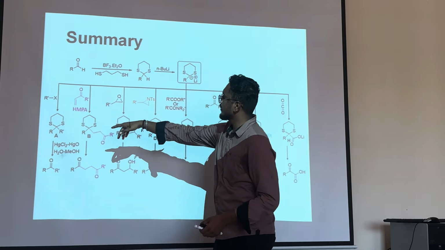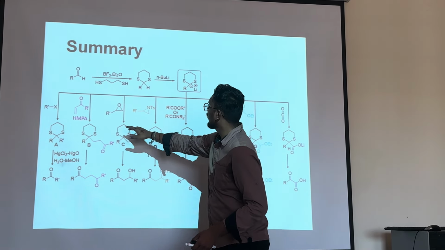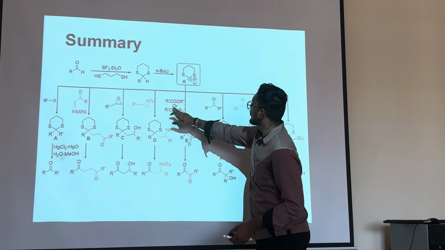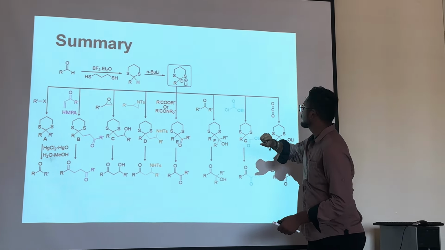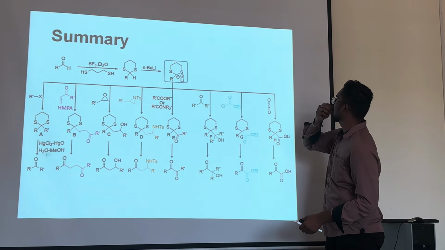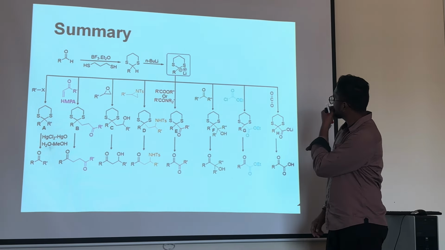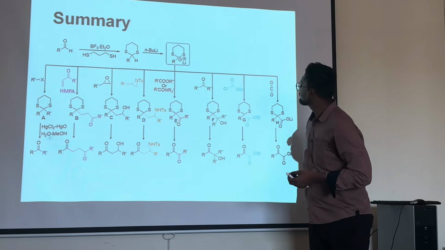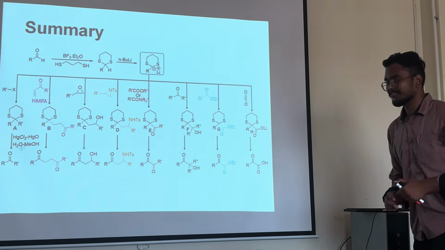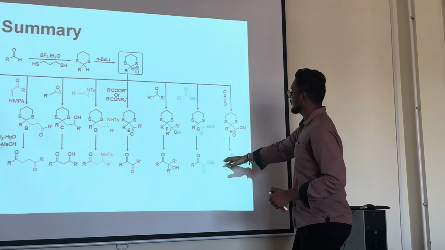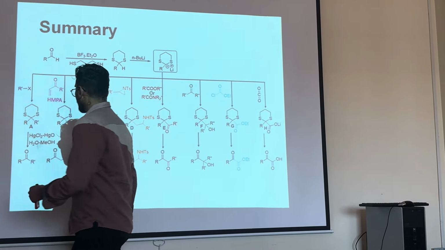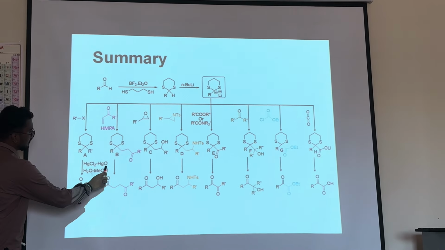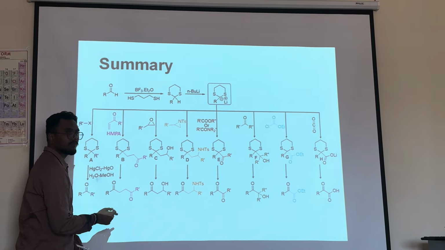First, alkyl halide, HMPA, epoxides, tertiary nitrile, ester, ketone, ClCO2, carbon dioxide, ester, we get the respective product. Majority we use hydrolysis and HgCl2 to get the final product. This is the final step.